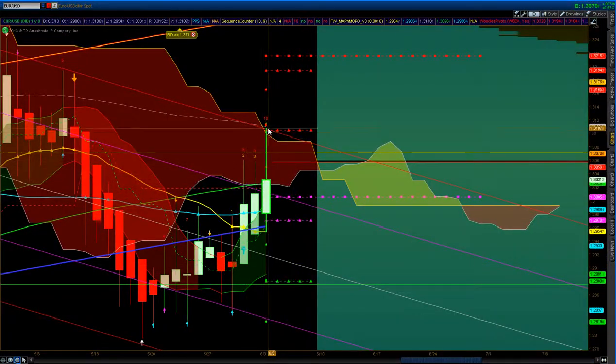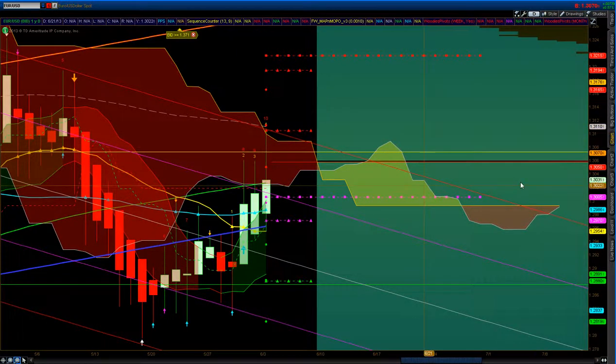As you can see, it hit the linear regression line right here. It was good to get out of there too, because it was really overextended on the daily. It popped all the way over here. I got out at 380 around there, and it's at 370. It might get a nice little pullback now, and maybe test this level, or this level right here, and then maybe shoot higher.